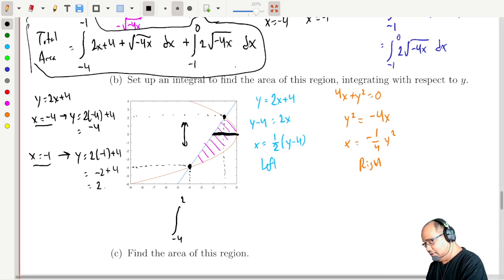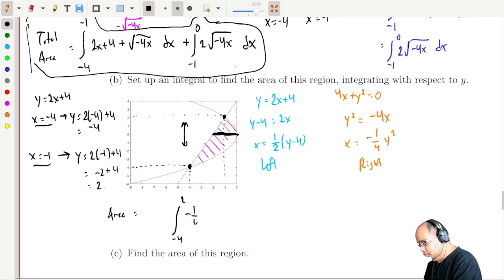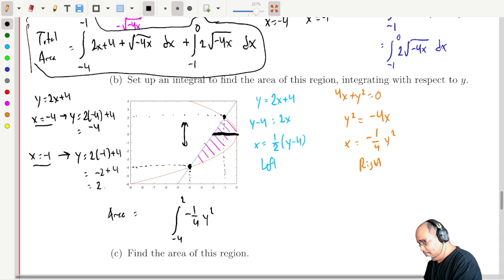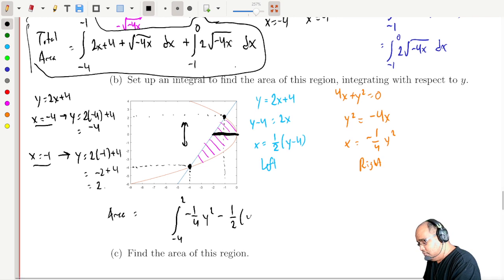So we have the area here as the integral from -2 to 4 of the thing on the right, -1/4 y squared, minus the thing on the left, 1/2 y minus 4, dy.